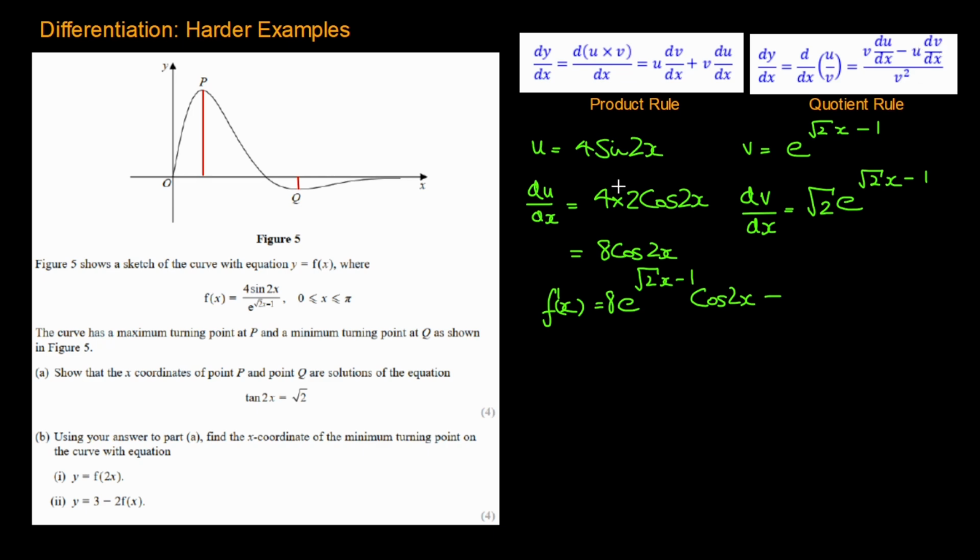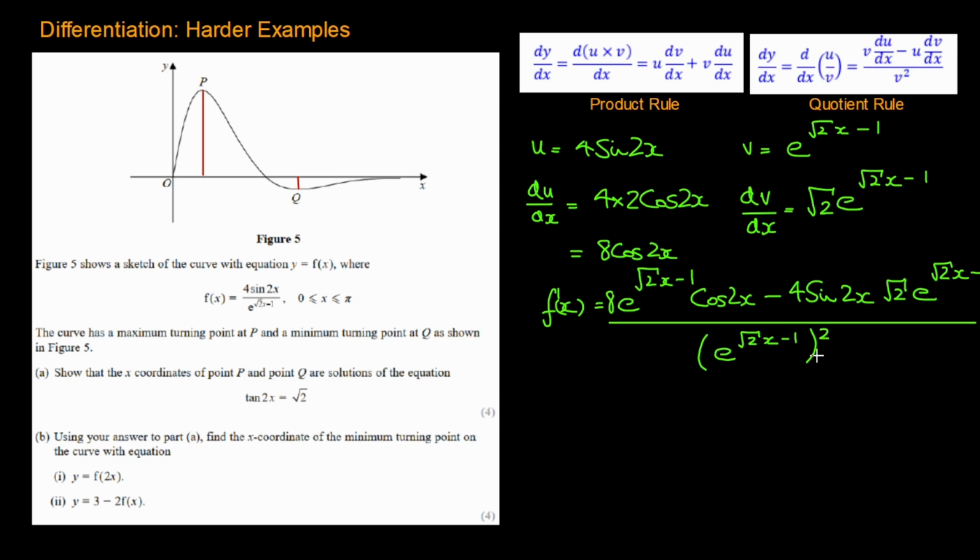Take away u, which is 4 sine 2x, multiplied by dv dx, which is root 2 e to the root 2x minus 1, and this is all divided by v squared. V is this guy here, so squaring it will be e to the root 2x minus 1 squared.